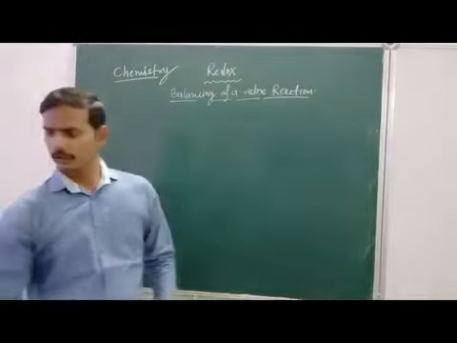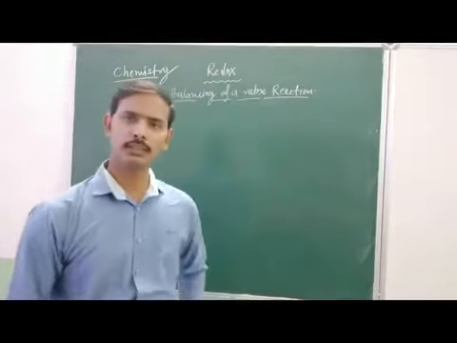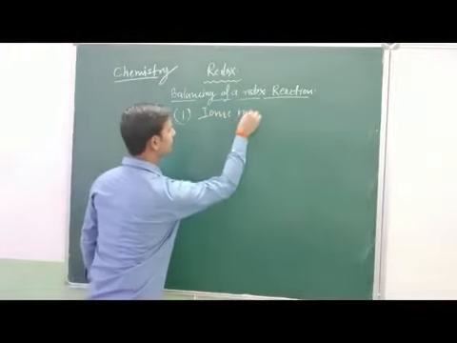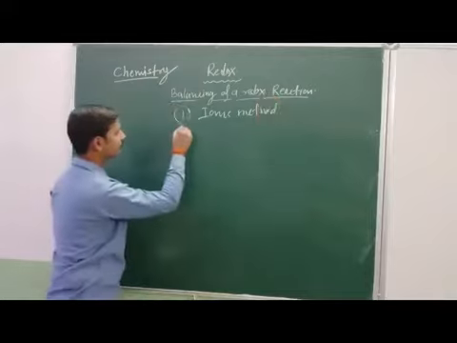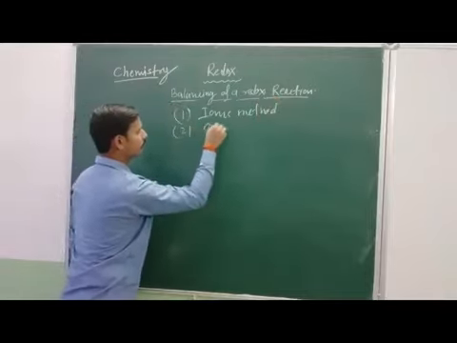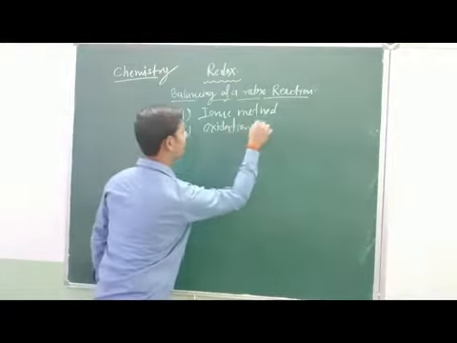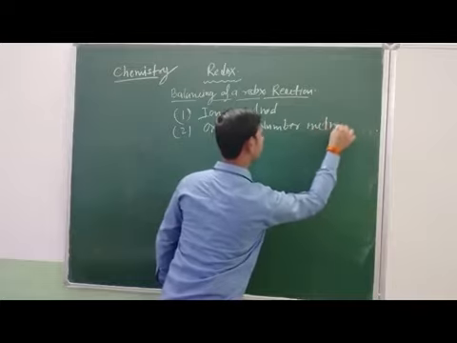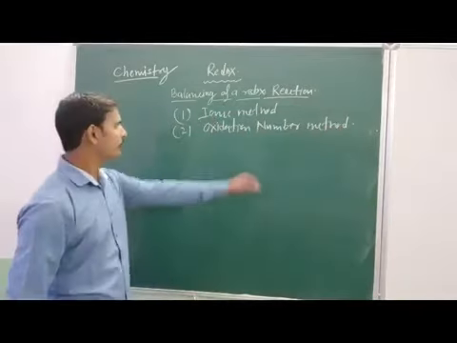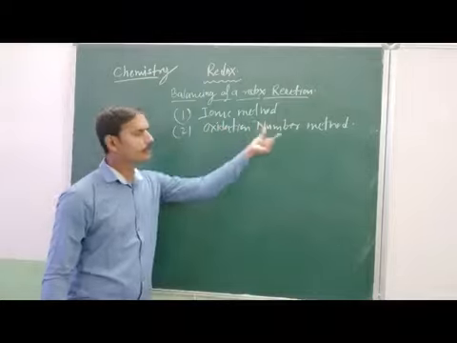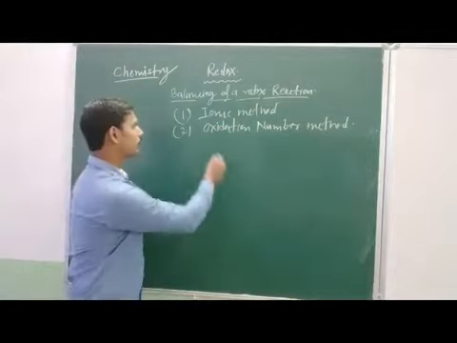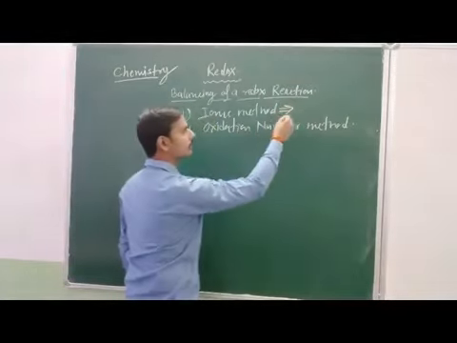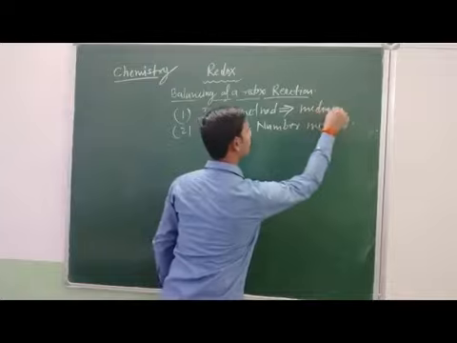My dear, for the balancing of a redox reaction, there are two methods. First one, ionic method, and second is the oxidation number method. In the ionic method, the medium is very important.